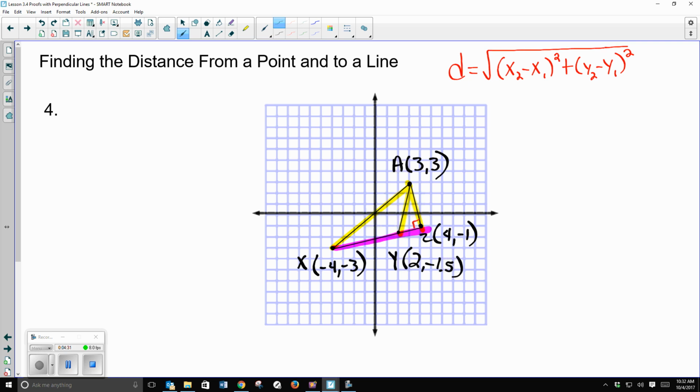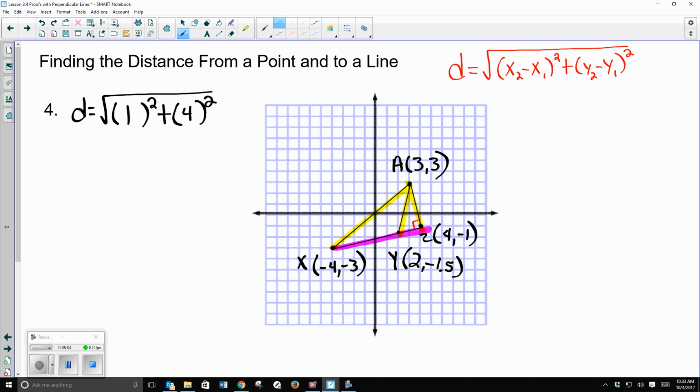The distance from A to XZ: the number you put here would be the x coordinates, how far apart they are on a number line. So from 3 to 4, that distance is 1. Think of distance from 3 to 4. From 3 to -1 for your y's would be 4. The distance on a number line from 3 to -1 is 4. So that's just a quicker way.